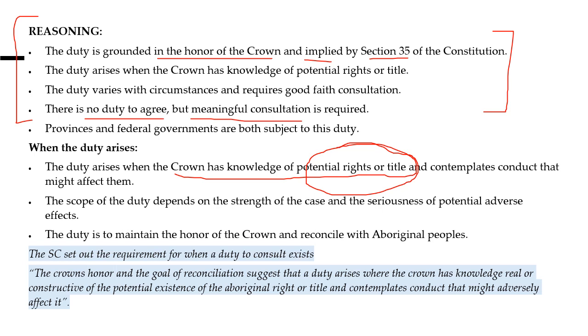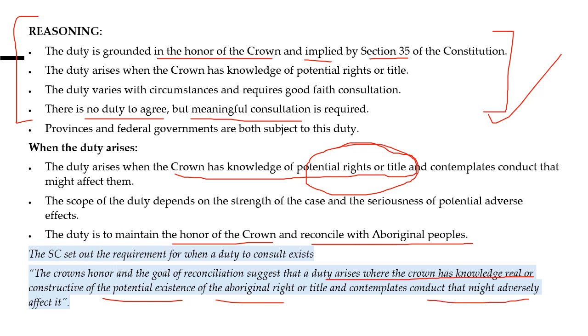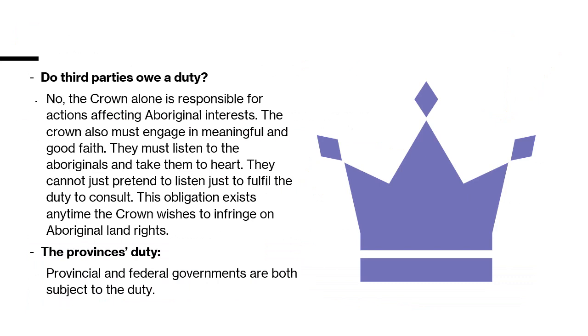So the duty is to maintain the honor of the Crown and reconcile with Aboriginal people. So the Supreme Court sets out in this case that a duty to consult exists. The Crown's honor and the goal of reconciliation suggest that a duty arises where the Crown has knowledge, real or constructive, of the potential existence of an Aboriginal right or title and contemplates conduct that might adversely affect those people's rights.